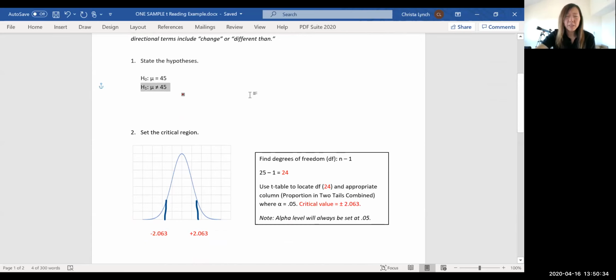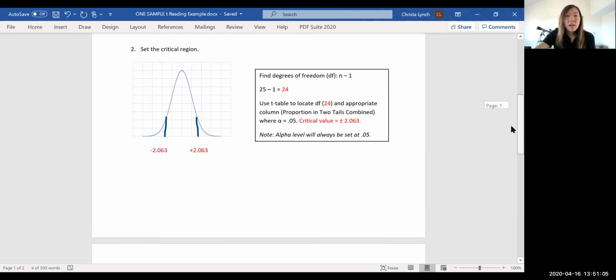That's actually what I hope, because 45 is the average population score on reading overall, but I want to see if my group actually scores differently. I'm hoping they improve, right? The null hypothesis is there's no change, so I don't want that to happen. I don't want my final mean to be 45, or else that means there's no change, and probably the null hypothesis is true.